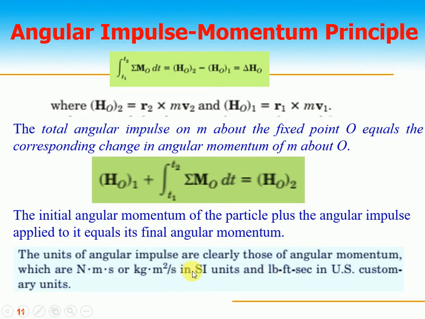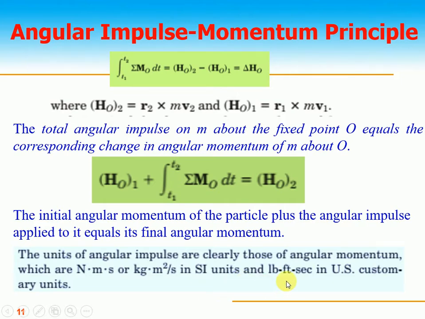So in SI units, the unit of moment is newton meter, and times second. Putting newton in basic units, kilogram meter per second squared, it becomes kilogram meter squared per second. These are the SI units.